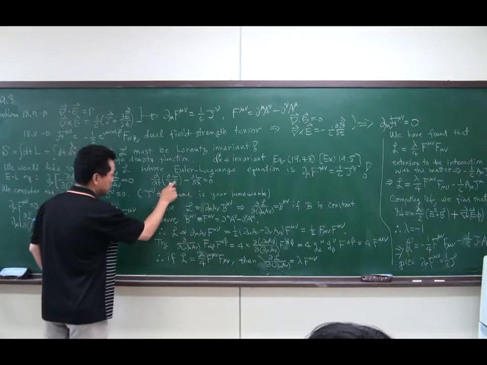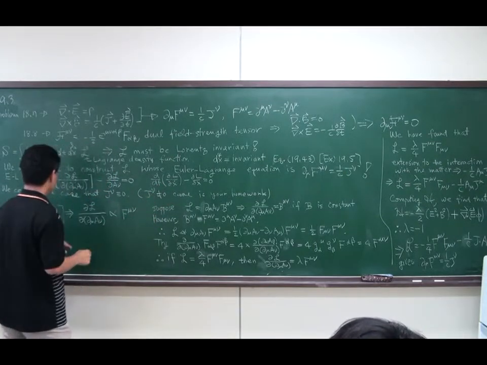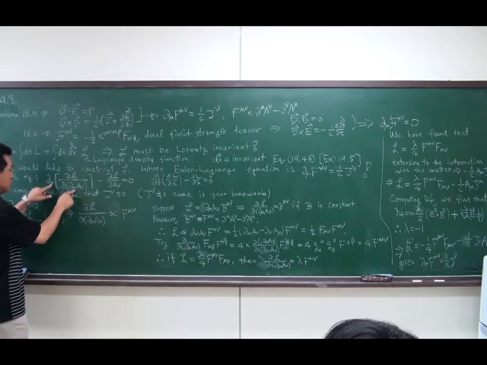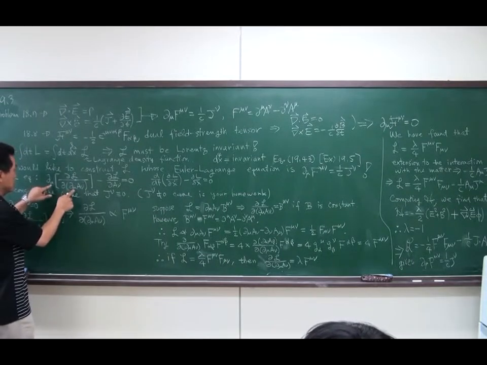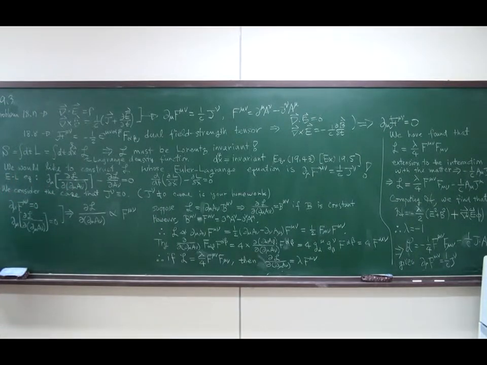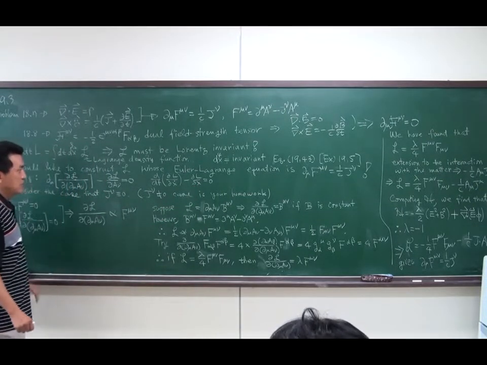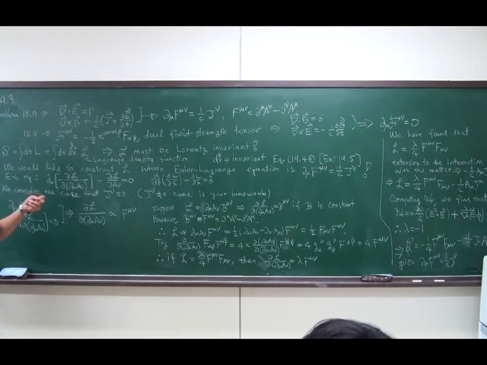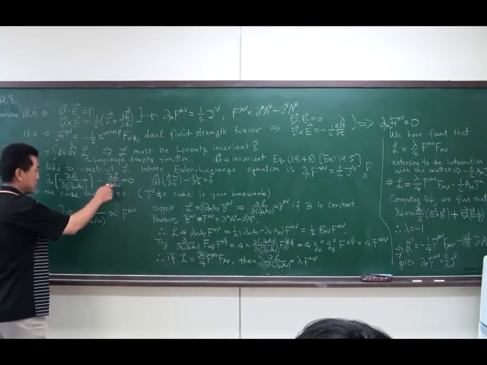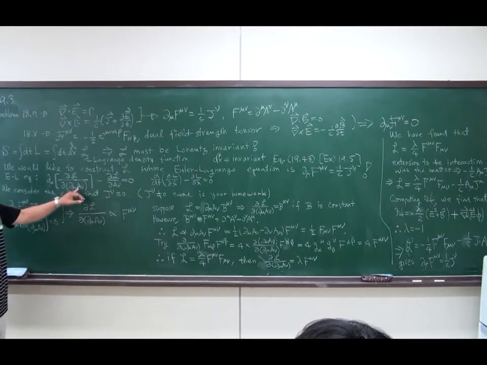For each index, mu equals 0 is time, x component is 1, y component is 2, and z component is 3. So that's the difference. And x is the position vector, but this is the electromagnetic field itself, which has a vector quantity, and so each component must satisfy this equation.